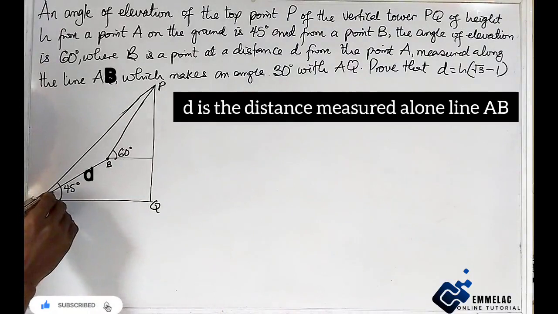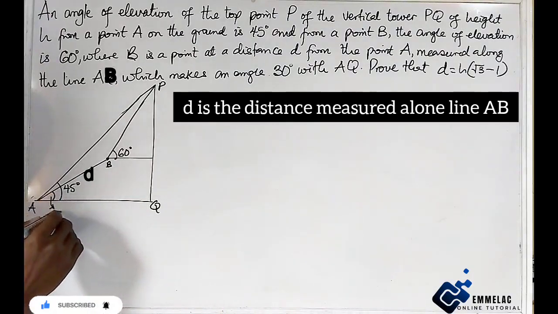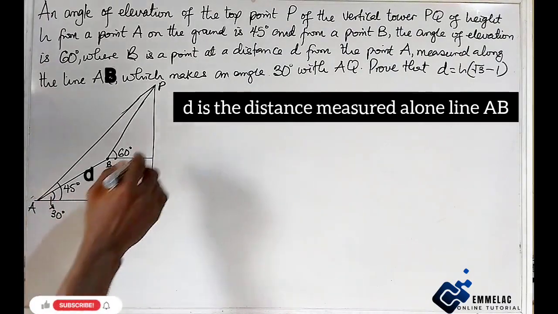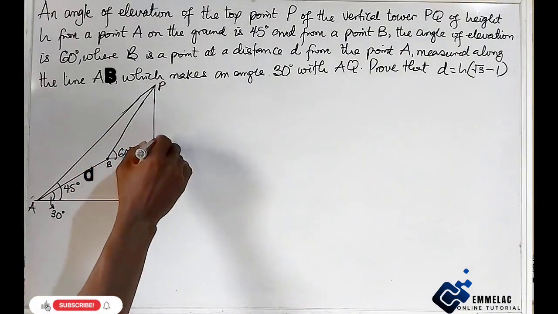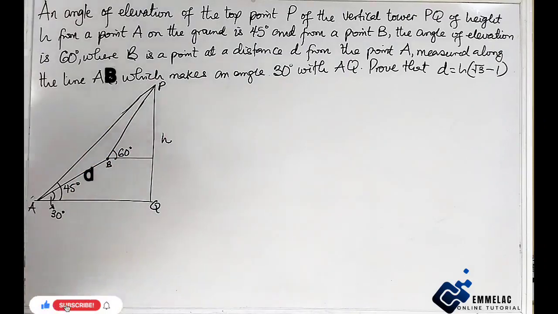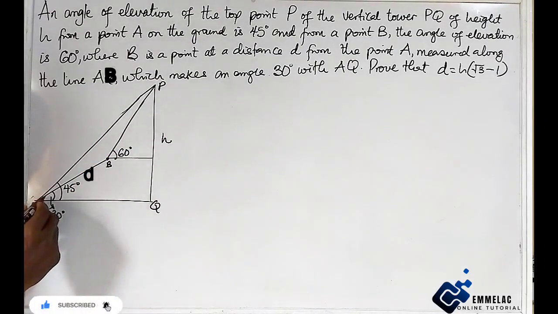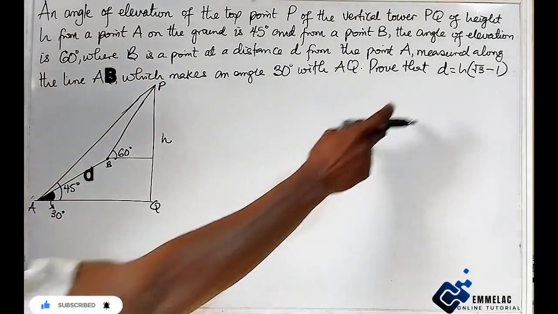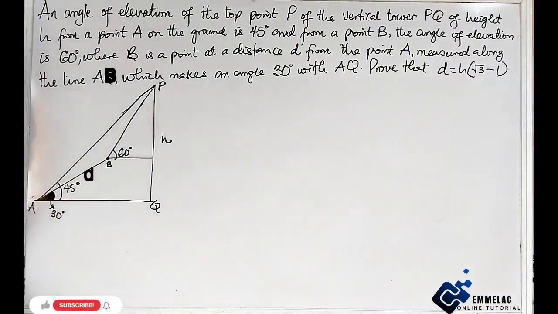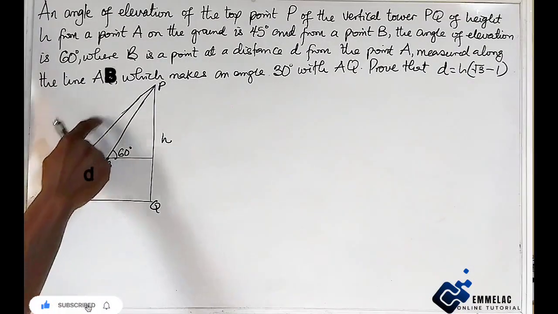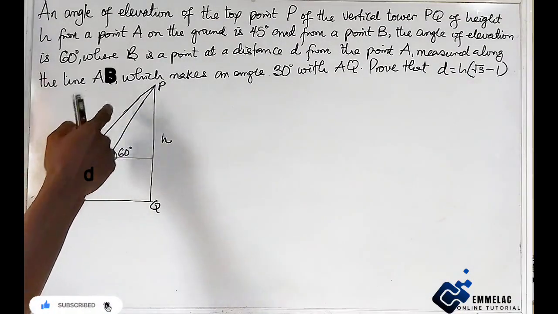So from here this will be 30 degrees, okay, and we are told that from here to here is the height H. We are told to prove that D equals H into the square root of 3 minus 1. Now first of all, let us fill in these lines first.